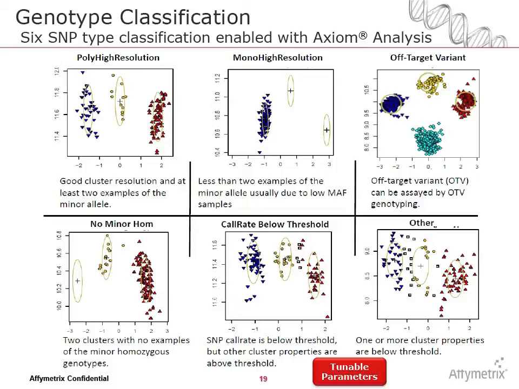We've introduced what's known as off-target variant genotyping within the SNP Polisher software. In here, what you see is actually a 4th cluster. Typically, any ordinary genotyping analysis software would not have known what to do with this 4th cluster. This 4th cluster is typically what you would have called null alleles in microsatellites.